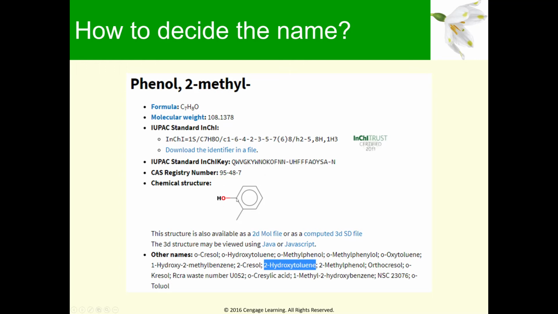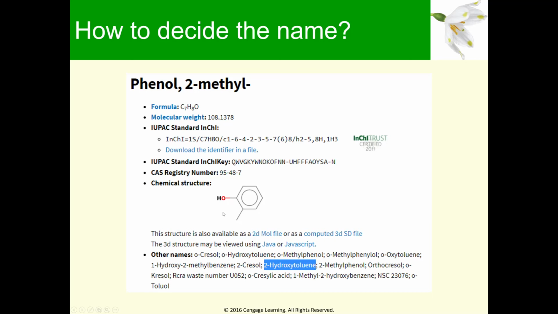And now we have a 1,2 position, which is 2-methylphenol. You'll notice that there are other examples of what it could be called. And the interesting one is o-hydroxytoluene, which is ortho, or 2-hydroxytoluene.